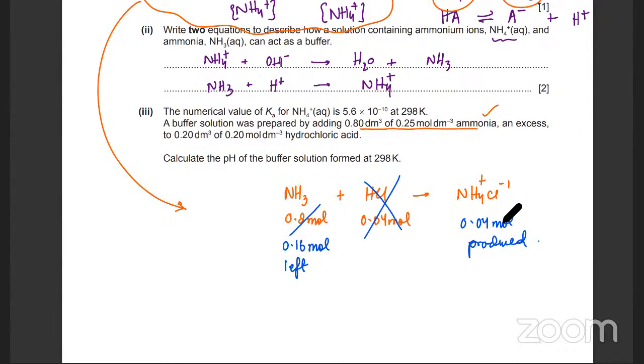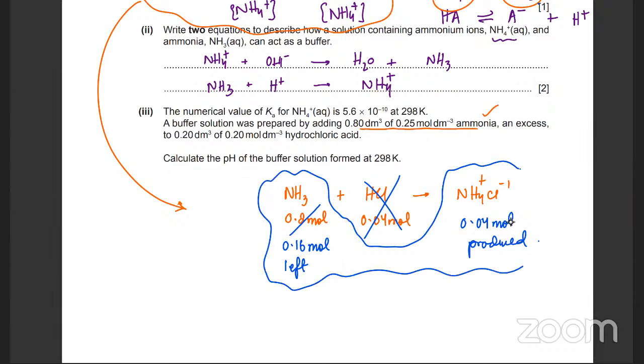So at the end of the day, you have a buffer, because the HCl is all gone. Remember, the HCl is all completely used up. So now you have ammonia plus you got a weak acid. This is your weak acid, and that's your conjugate base.